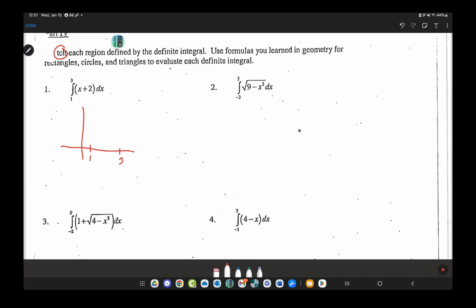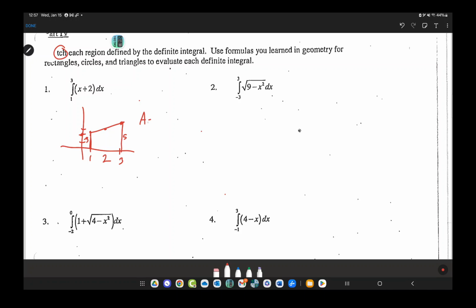We have x plus 2: at 1 that would be 3, at 2 that's 4, and at 3 that's 5. So how do we find this area? Put in a triangle and rectangle, or you can do a trapezoid. The trapezoid gives you base 1, which should be 3, base 2 is 5, and the height between these is 2.